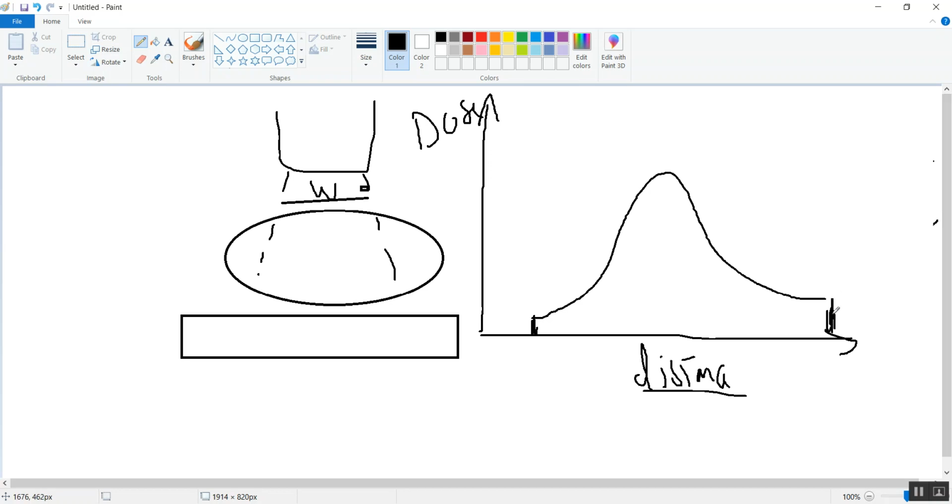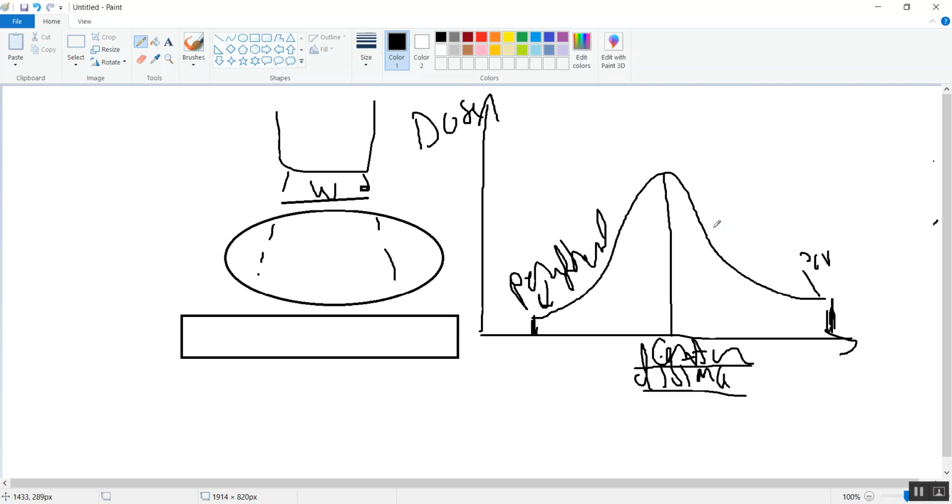This is our starting point, and this is the end point. In the center of our slice, you will find the highest dose. This is the center, and this is the peripheral region. So this is the slice profile which represents the dose of one slice.